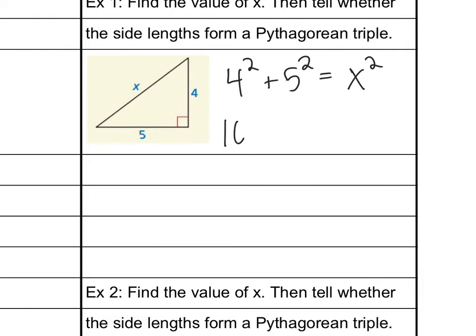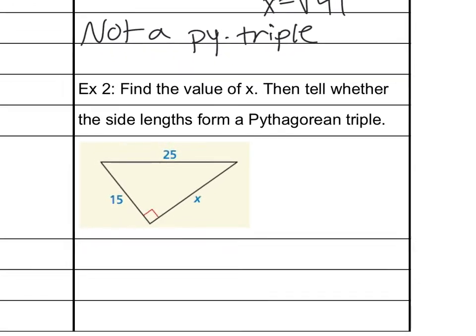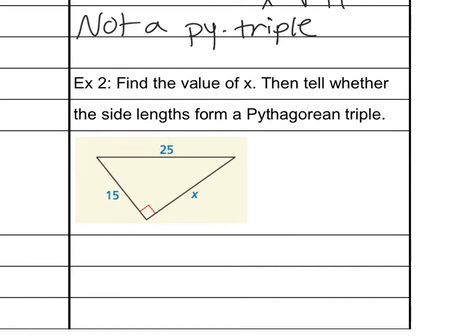So we'd have 16 plus 25 equals x squared. So x squared equals 41, which means x equals the square root of 41, which is not going to be a whole number. So this is not a Pythagorean triple because the length of our hypotenuse is not a whole number.